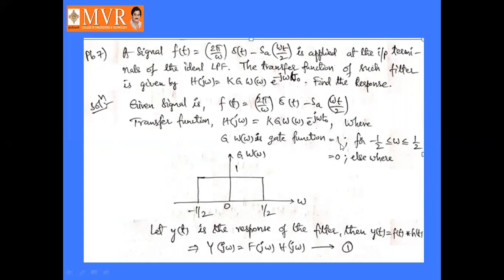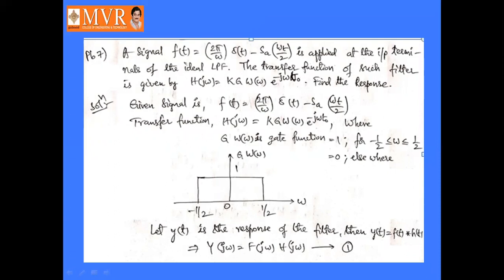A gate function, its value is 1 for omega in between minus 1 by 2 and plus 1 by 2. This is the gate function g into w of omega versus frequency omega. So it is represented like this.